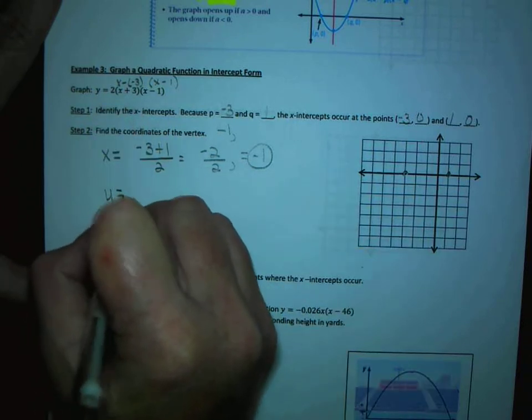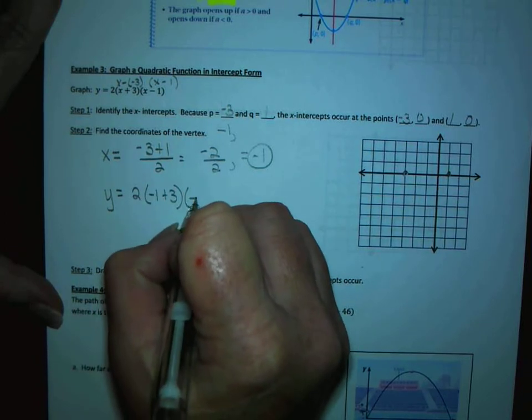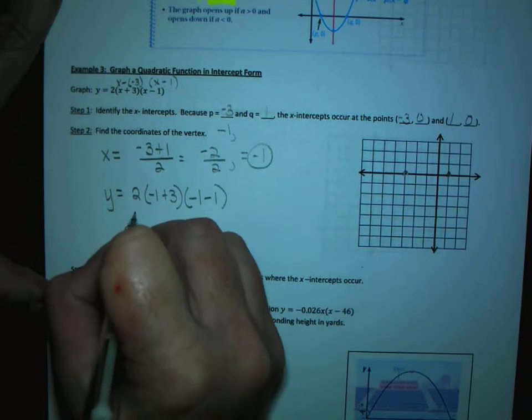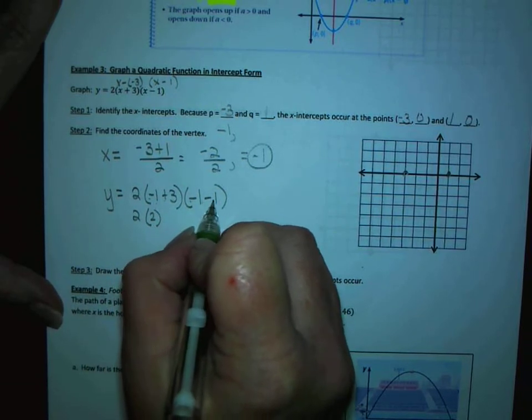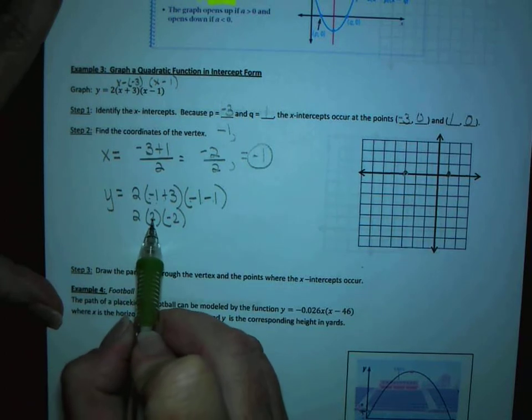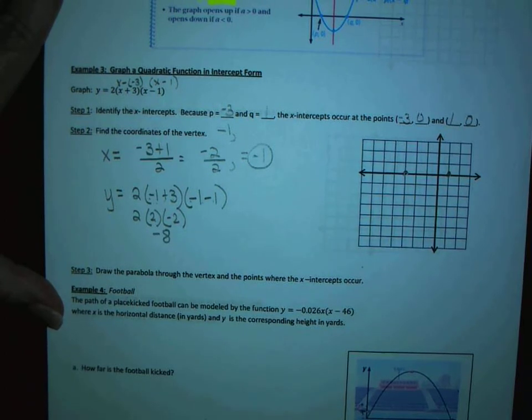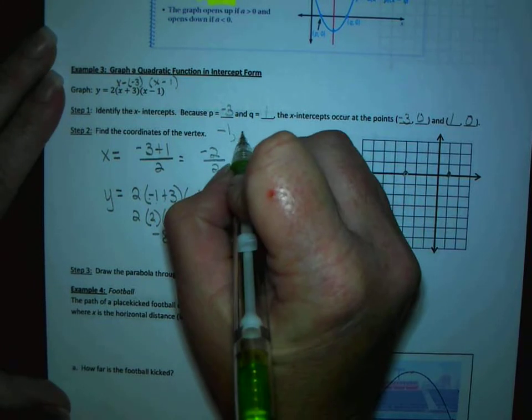So y equals 2 times (-1 plus 3) times (-1 minus 1). -1 plus 3 is 2, -1 minus 1 is -2, and multiply through. 2 times 2 is 4, 4 times -2 is -8. Okay, so your vertex is (-1, -8).